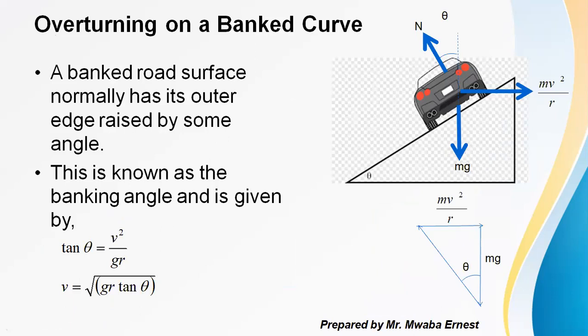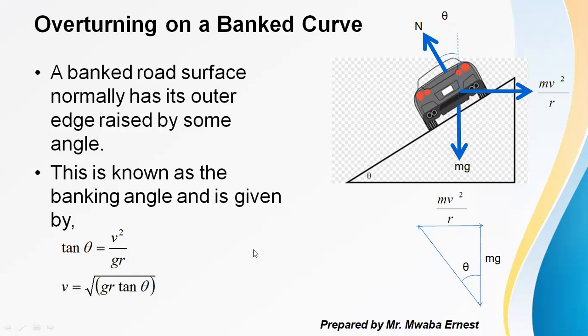When a vehicle is about to overturn, the reaction on the outer wheel is almost zero. So if you look at these forces and make up a force triangle, the angle theta is very critical.